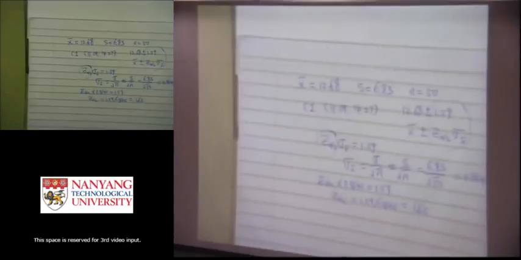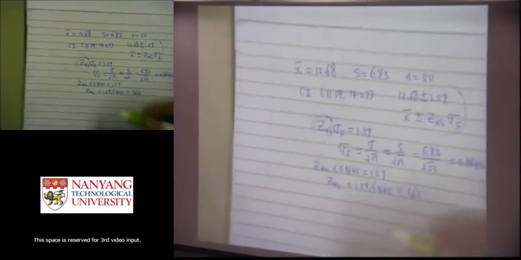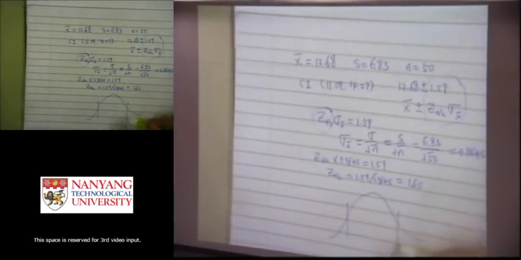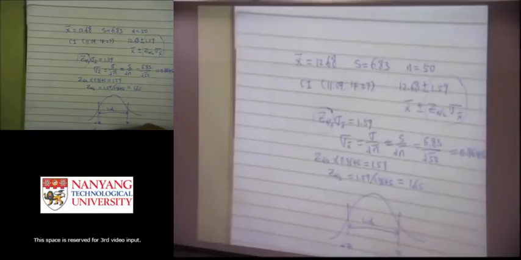When we get here, recall this figure. This is 1 minus alpha, this is minus z, and this is z, right? Now we know z equals 1.65. So this is 1.65, this is minus 1.65.